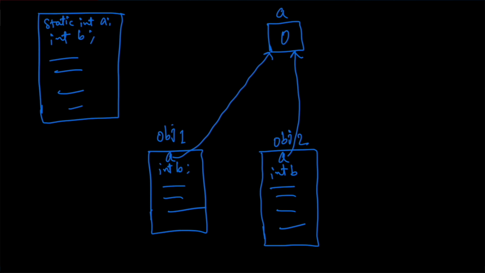So in our example, we created object obj1, the value got incremented to 1 here. Now you again created the object obj2, the value again got incremented to 2, so the count became 2.